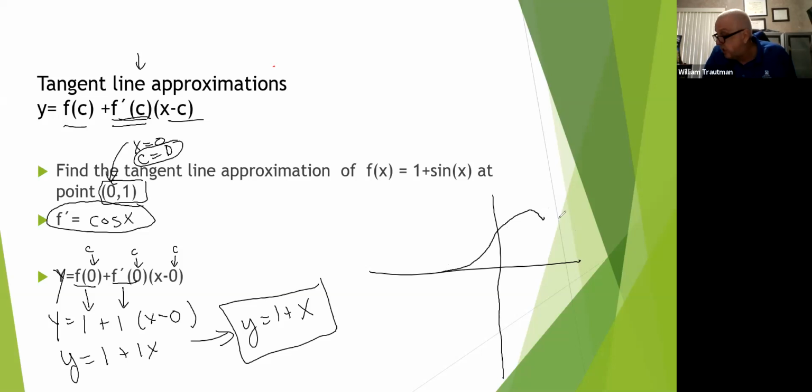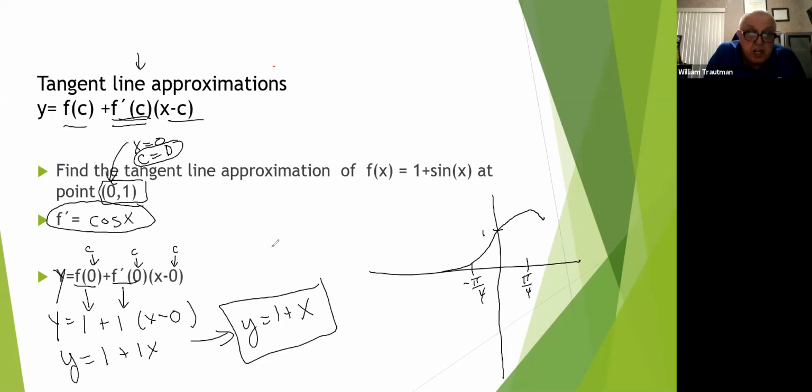Just in this small little space, this is 1. This right here would be negative pi over 4, and this right here would be pi over 4.